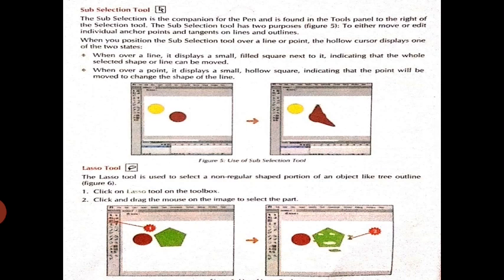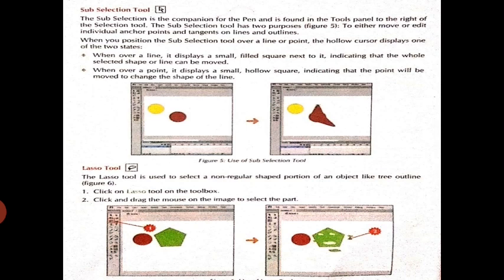Means if we select an object, then a number of points will be created. Then we touch one point and move that point, and the shape will change in that particular direction. So this is the work of the sub selection tool.